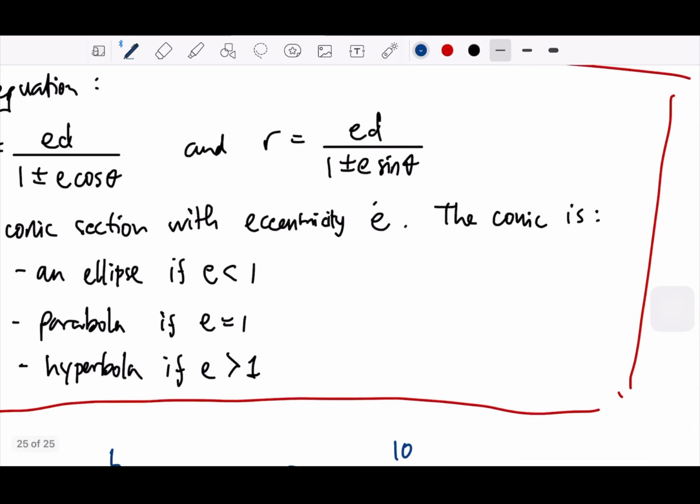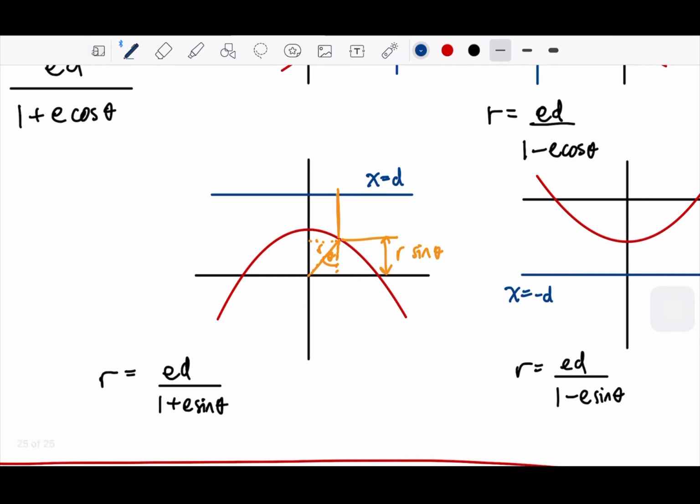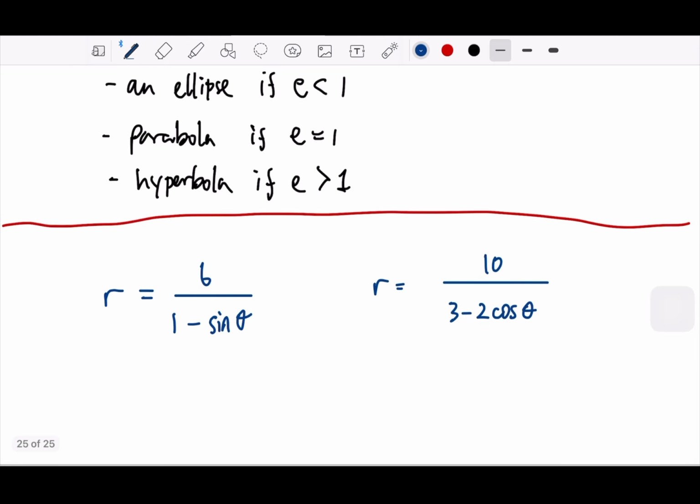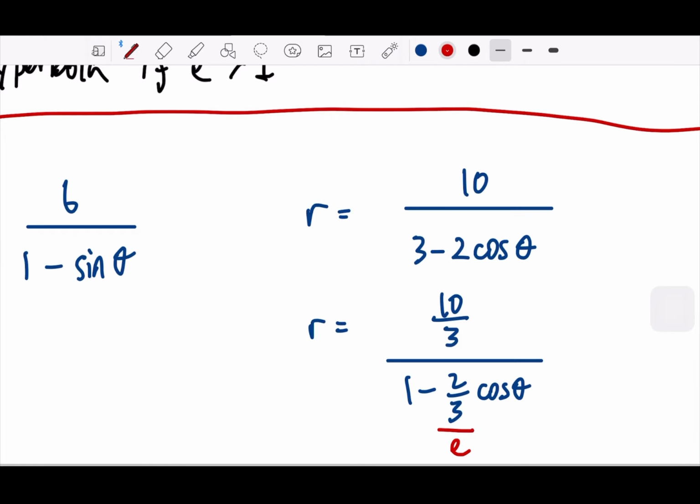All the equations have constant 1 in the denominator, so let's make it 1. So this 3 minus 2 cosine theta, the 3 becomes 1, so let's divide everything by 3. And we know that this E is 2 over 3, which is less than 1. That means that it will be an ellipse.